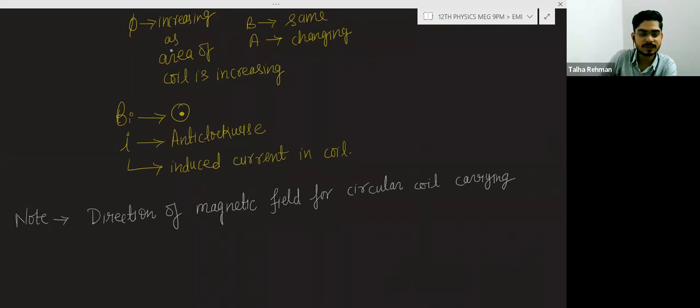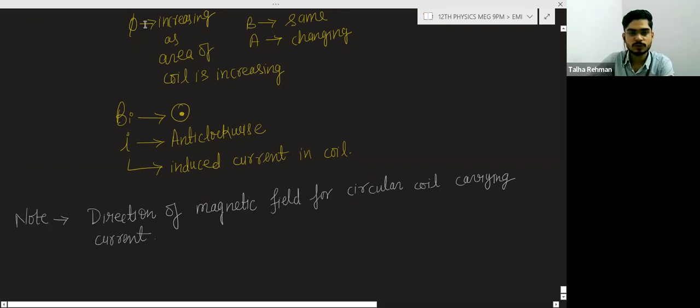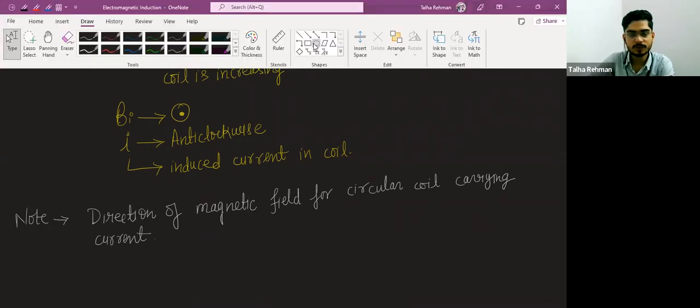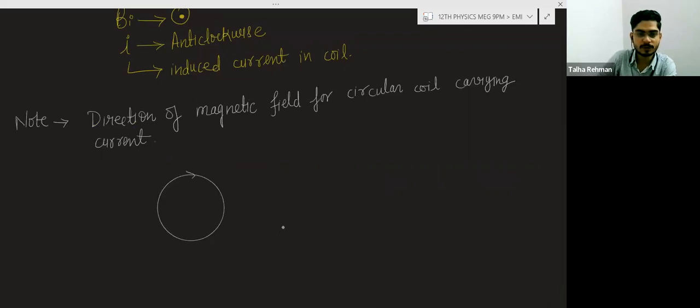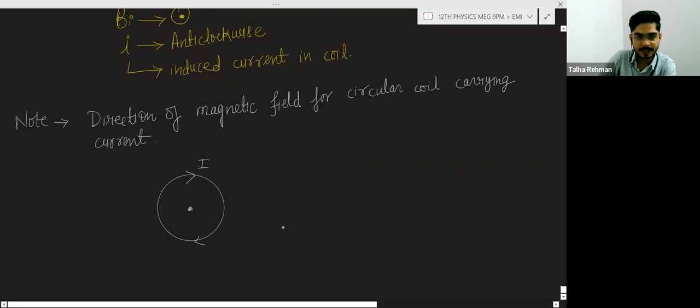Earlier also I have discussed this, but I am telling it again. So if you have a circular coil like this, and the current in this circular coil is in this direction, at the center of this coil, what will be the direction of the magnetic field?